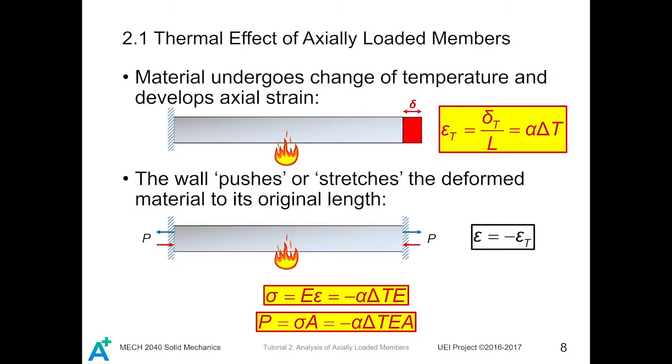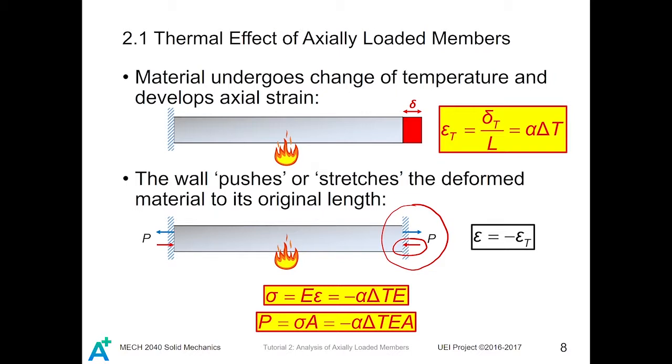So consider this bar is being heated, and there will be positive axial strain, the thermal axial strain. By applying a clamped wall at the end of this bar, it prevents the bar from expansion. However, it will apply a compressive load on this bar in order to put this bar back to its original position. So we can write the axial strain caused by the clamped end is the negative of the thermal strain. What does that mean?